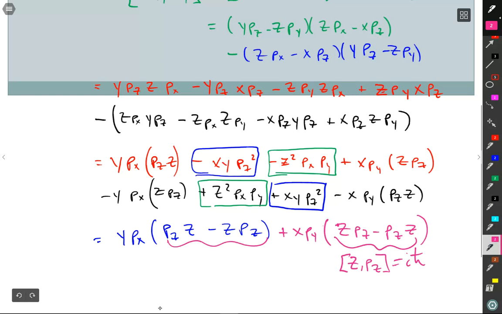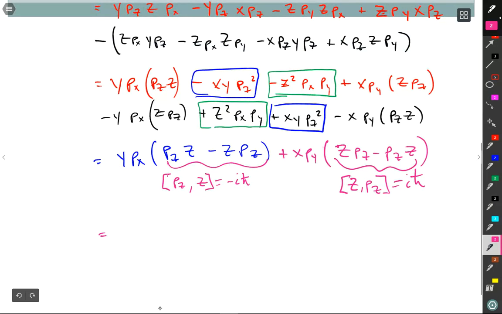And so what does that make this here? So I'm just writing out what we have. And then rearranging that, we have i h bar times x py minus y px. That's an x.